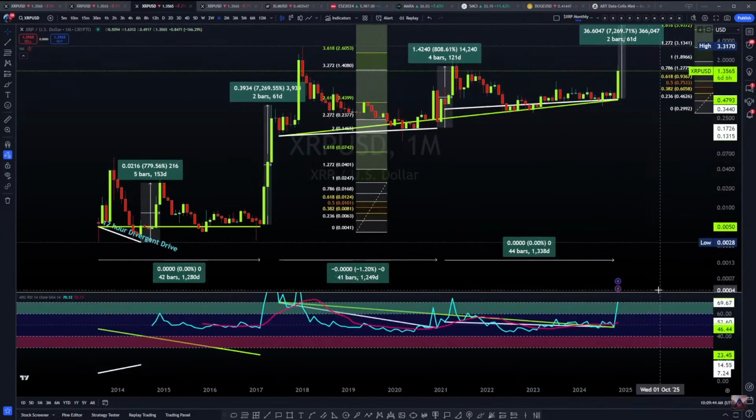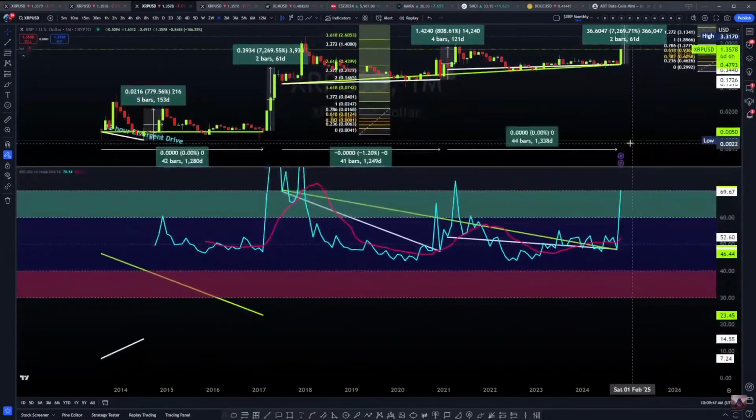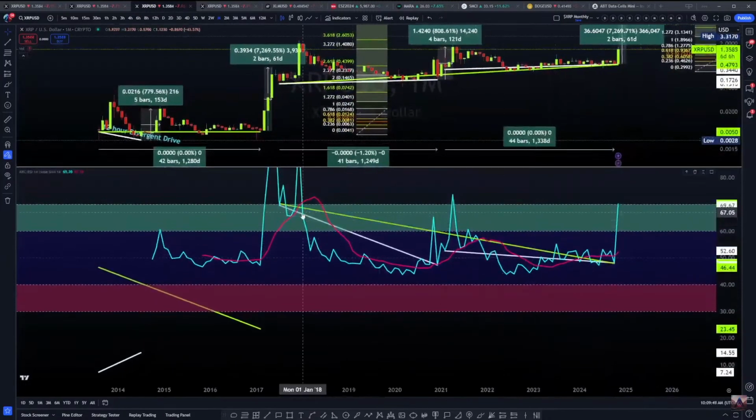Looking at momentum here, pairing it against price action, we are also creating a lower low, phantom hidden bullish divergence from the entire phase. In a 12-hour time frame, we also have the exact same thing right here.